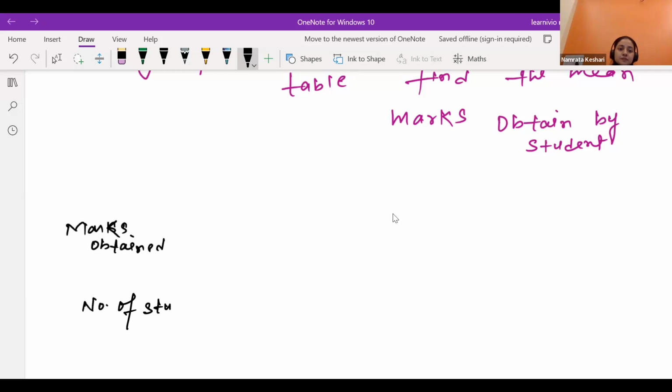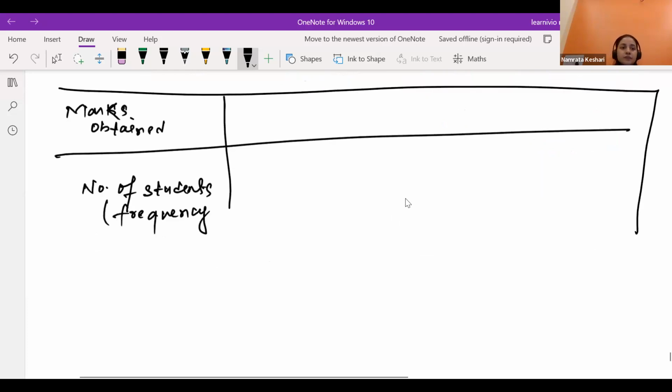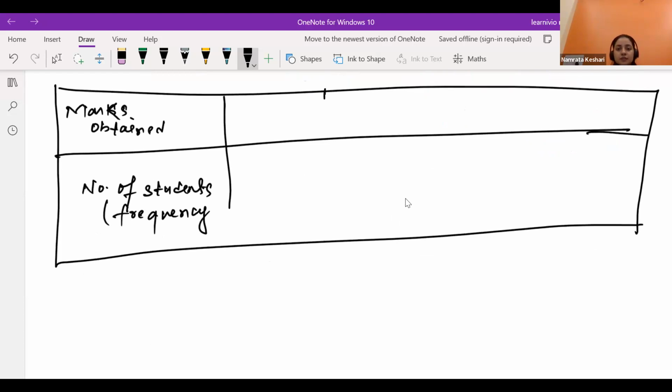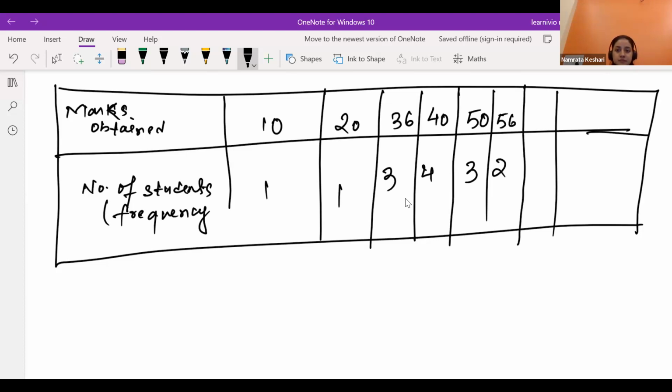Instead of number of students, it can also be written in a question as frequency. Okay, few more are there.